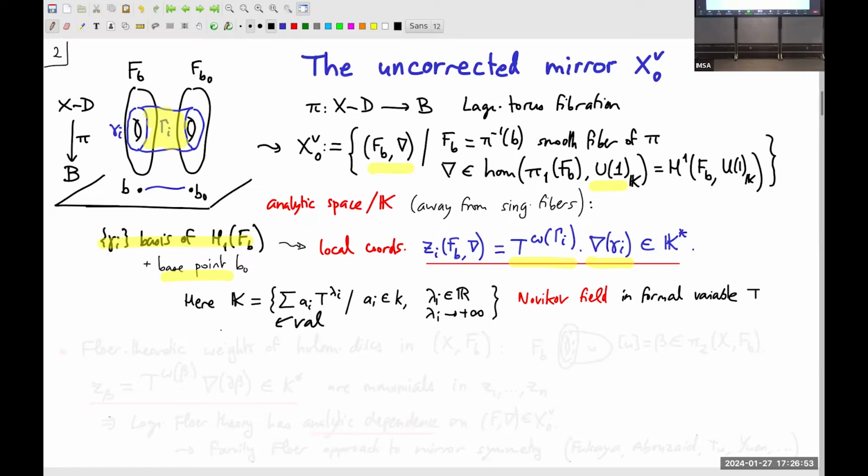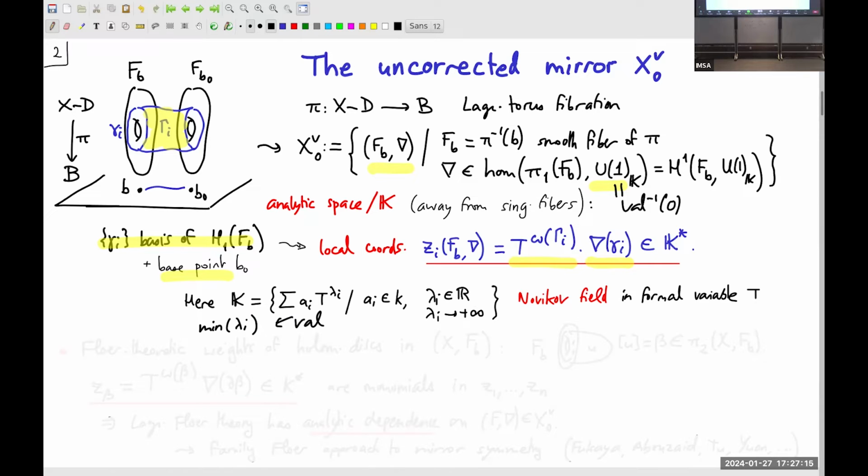Which goes to, basically this is the min of a lambda I. And we say an element of K is unitary if its valuation is zero. So if the leading term is a constant term with non-zero coefficient. All right.